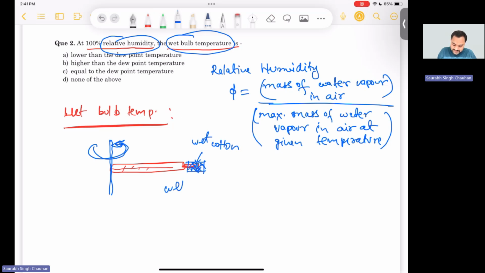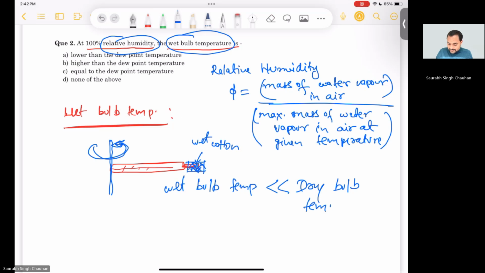So this wet bulb temperature will be less than your ambient temperature, which you can call the dry bulb temperature. Why is this wet bulb temperature less? Because of the evaporation taking place at this wet cotton.